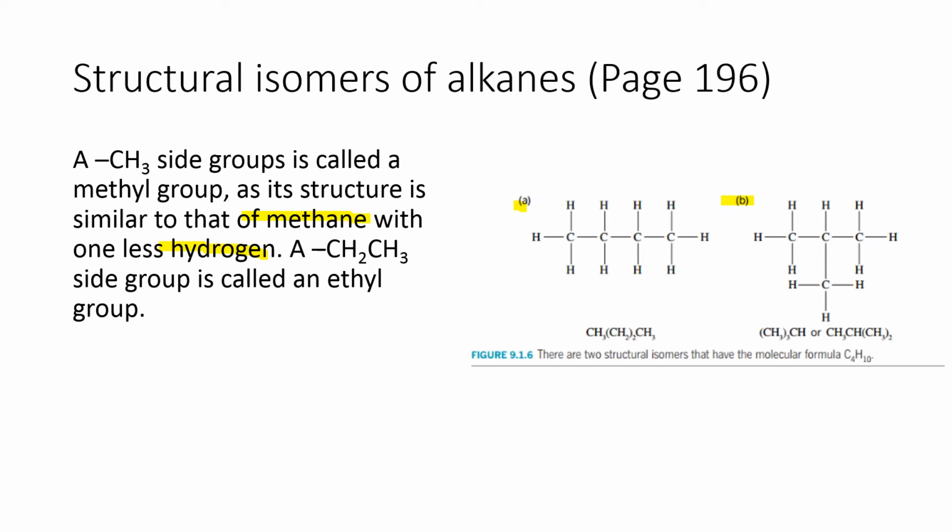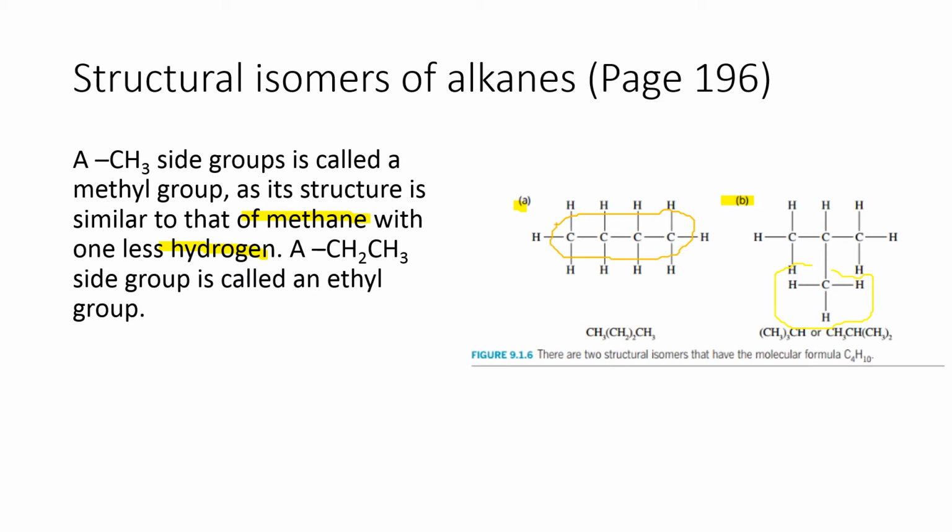For example, if you look at A here, this structure does not have any branching. Structures like this are something that we will discuss more in class. If I look at B here, this is what we call a branch. So this is considered a branched structure. If you compare to A, A does not have any branching, but B has a branch.